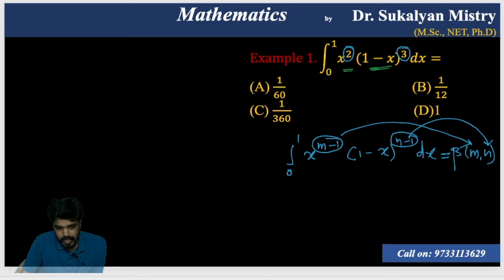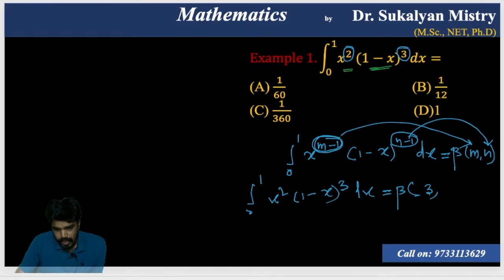So, integration 0 to 1 x square into 1 minus x cube dx will be beta 3, 4. We just add 1 to the power, that is 2 plus 1 is 3, and 3 plus 1 will be 4, because that is the power of 1 minus x.